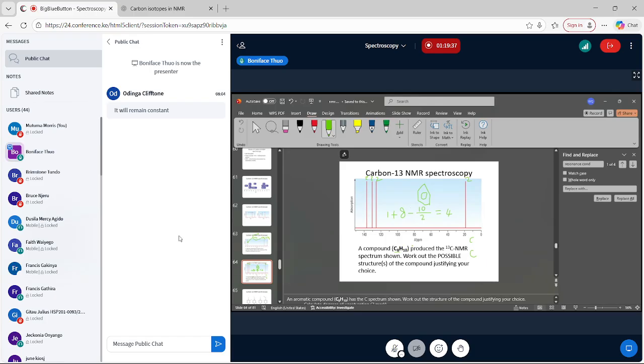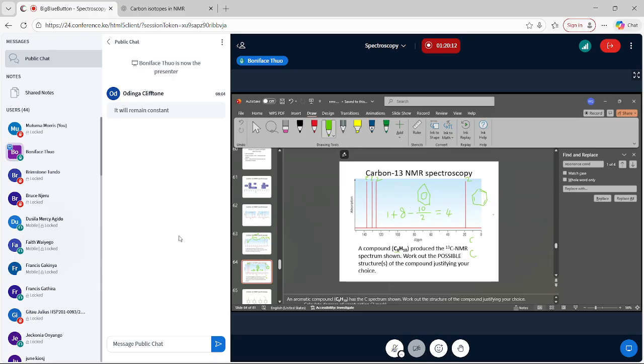Okay, so this chemical formula tells us that the compound has 4 degrees of unsaturation, which can be accounted for by the aromatic ring system, as 3 double bonds, which accounts for 3 of the degrees of unsaturation, plus the ring structure is another degree of unsaturation.